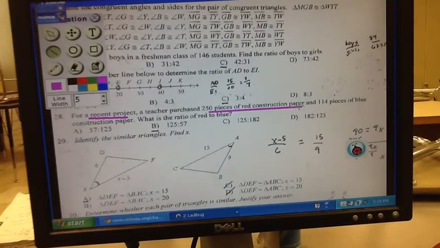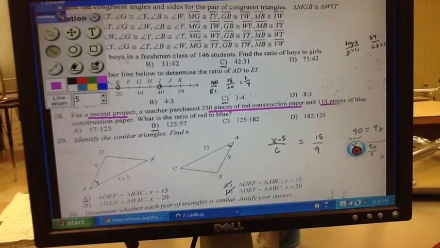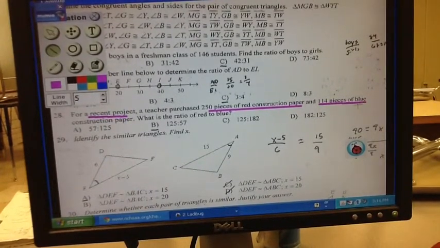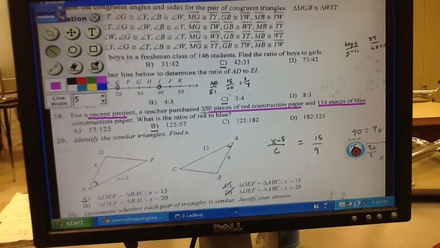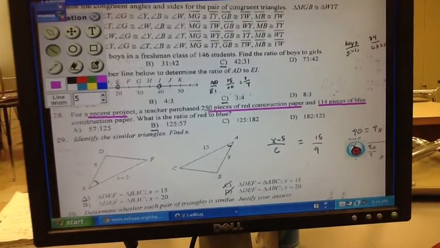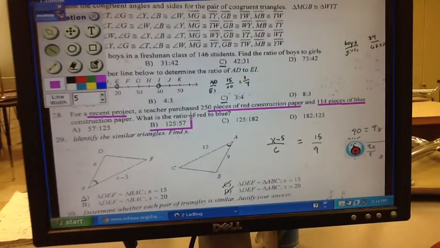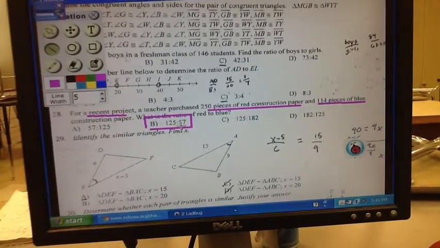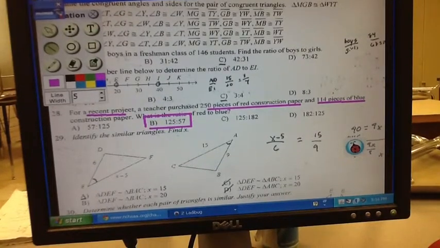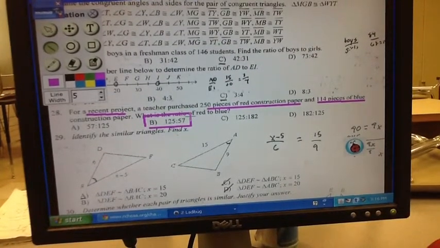So we got red is 250, and 414 pieces of blue. What is the ratio of red to blue? If you look at 250 divided by 114, it is going to give you a reduced fraction of 25 over 57. This problem is mostly overanalyzed. Don't think too much about it.